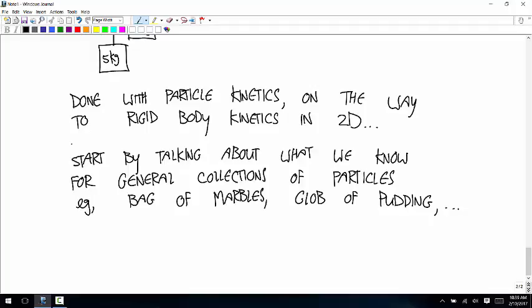We're going to break all of this up into a translational equation of motion and a rotational equation of motion.